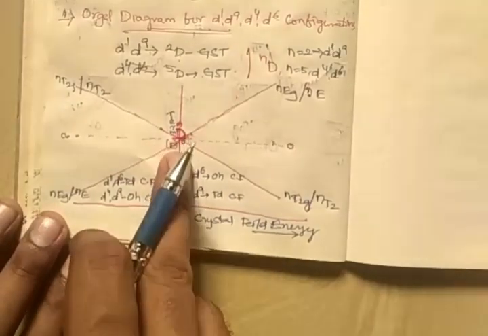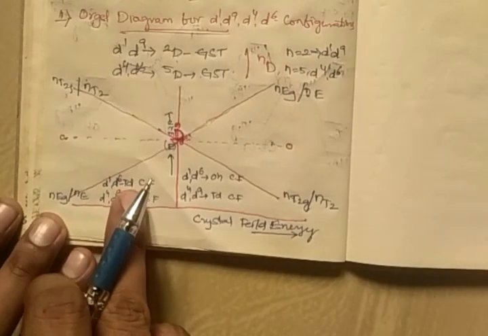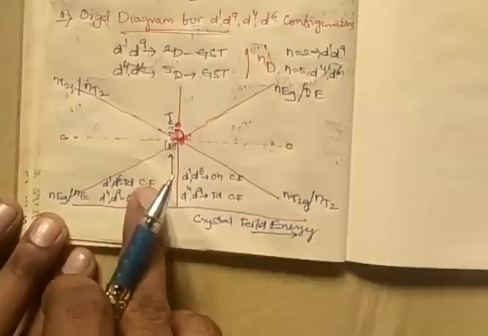On the ground state D term of D1 and D6 configurations, the tetrahedral splitting pattern is shown here.